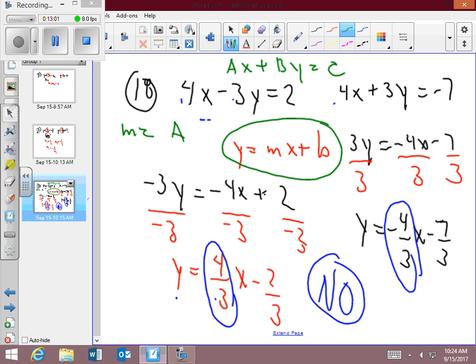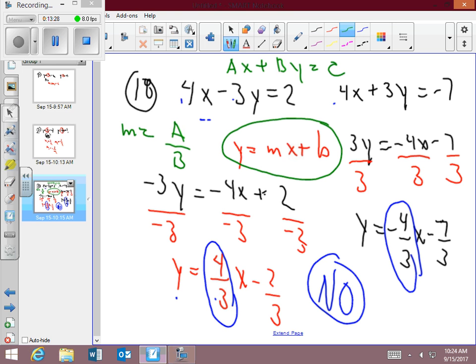See this? When we're doing slopes down here, we go back to this equation. That 4 came from the numerical coefficient of the x. That 3 came from the numerical coefficient of the y. So what are we going to put in the denominator for that equation? Say it out loud. The b, right?